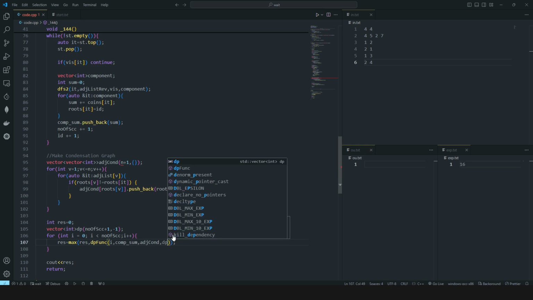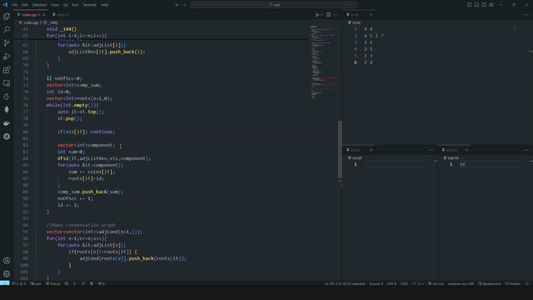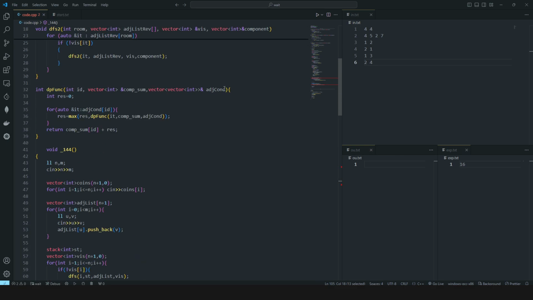And let me pass this DP array here. After computing, we will just memoize it for this state, that is DP of this ID will be equal to this.